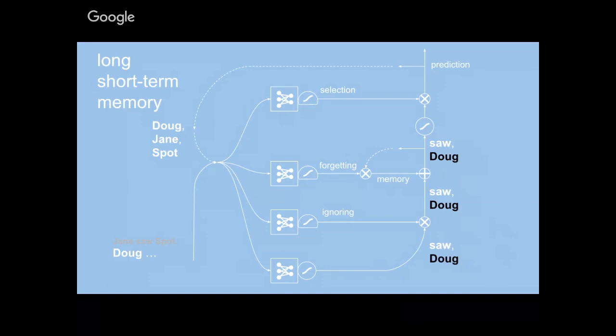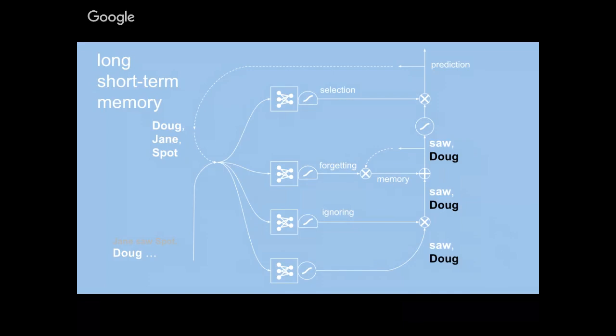If he was in memory for some reason, because maybe a previous utterance talked about Doug, then he should be dropped. In this type of utterance, where you say Jane saw Spot, Doug, and so on, maybe I would want to forget Jane, meaning that if I was to do a prediction like the next word, or the next sentence, does it start with he or she?